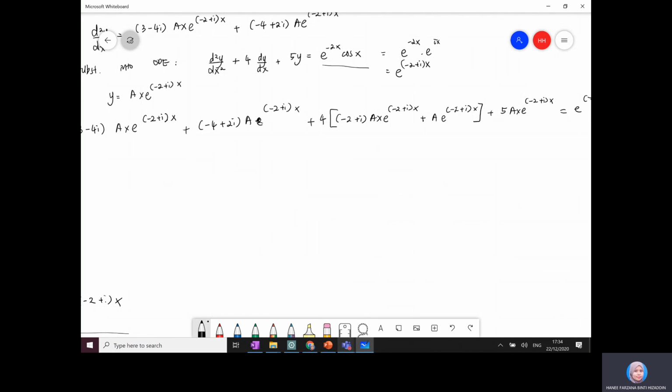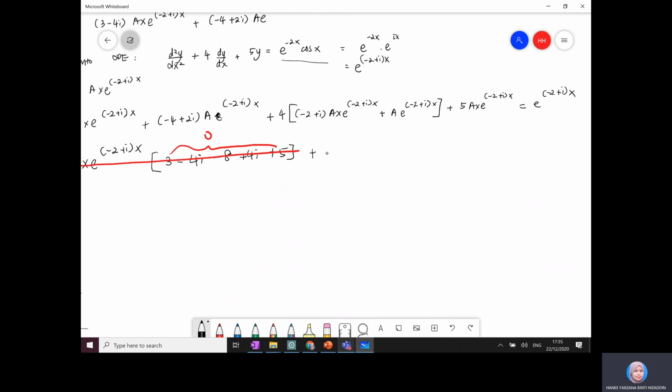So you can compare the coefficients for this long equation. When you collect all the terms together, let's do that quickly. A x e^((-2+i)x): when you collect all the coefficients together, you get (3 - 4i) - (8 + 4i) + 5, and this whole thing equals 0, so you can eliminate it.